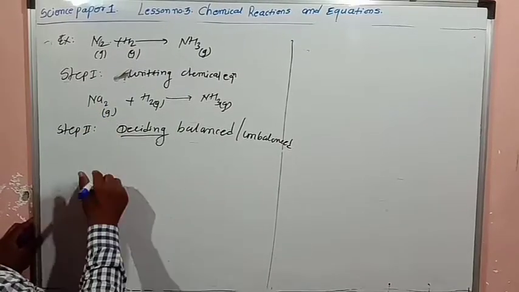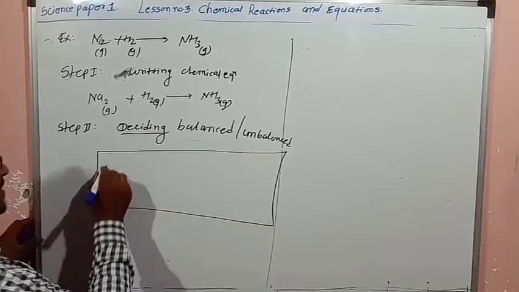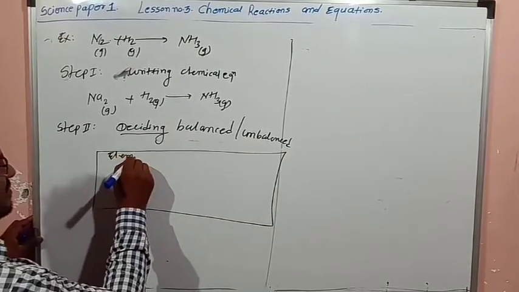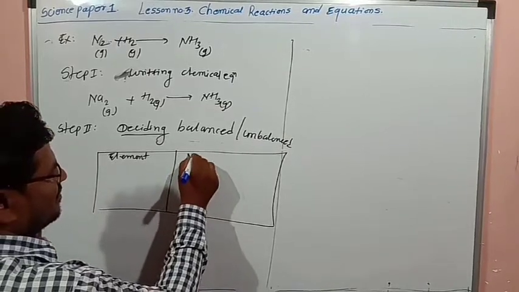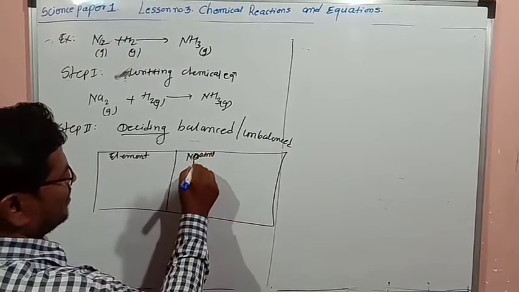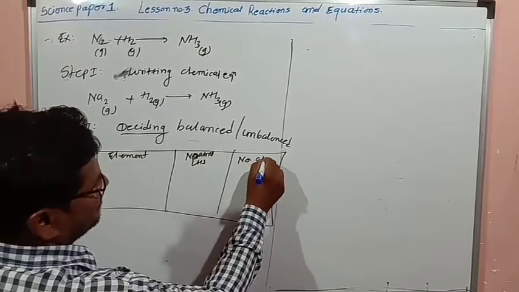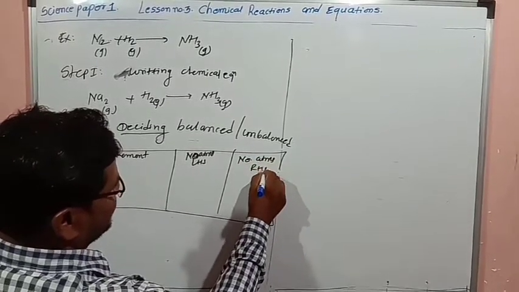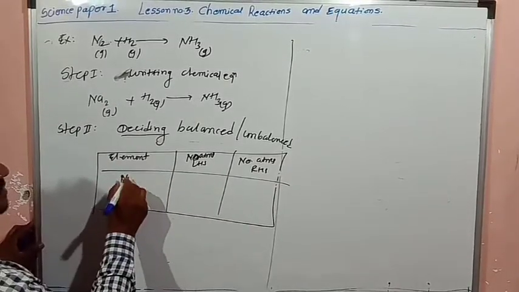So this chemical equation you are going to check. How will you decide? In that, element, number of atoms to LHS, number of atoms to RHS. So which atoms are there?